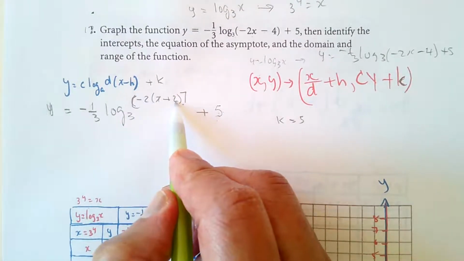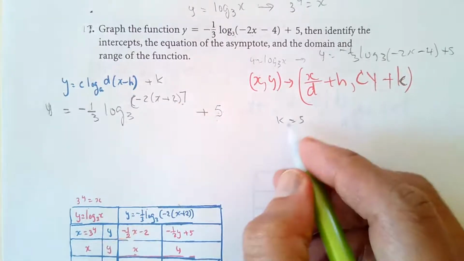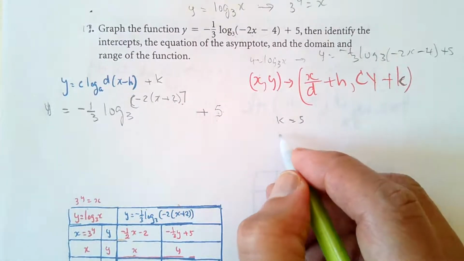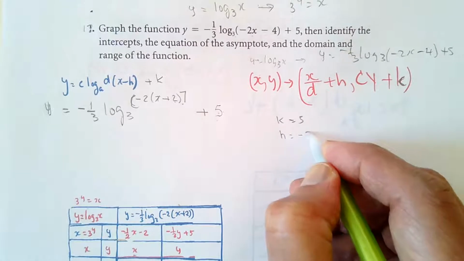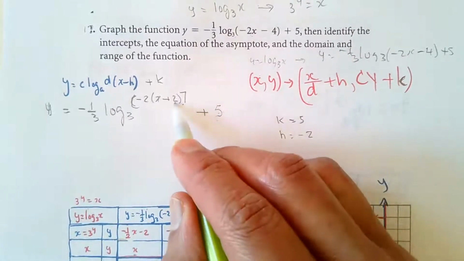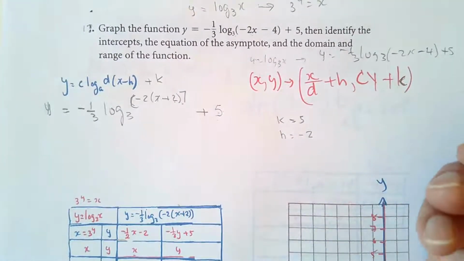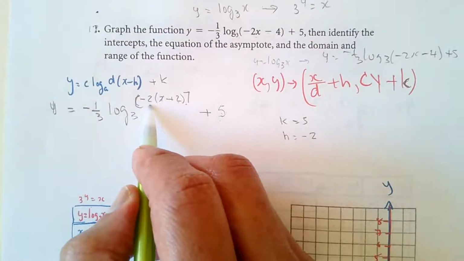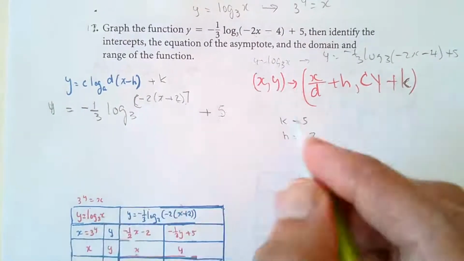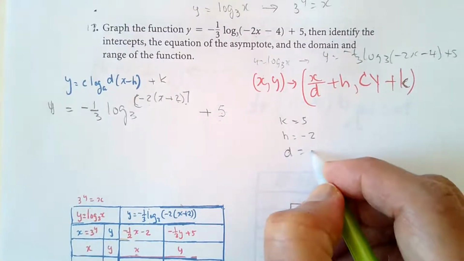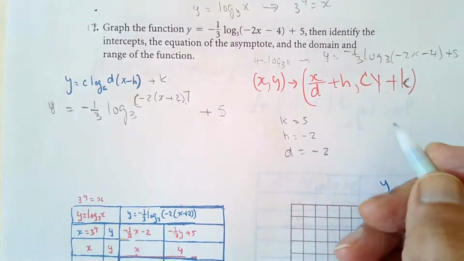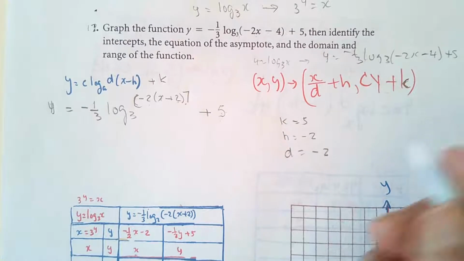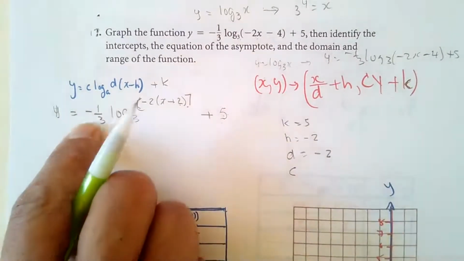Then we have a horizontal translation of -2. So we have h is -2. Be careful, we change the sign there. Then we have c. Okay, let's go this way. First of all, d. Now d would be -2 here. C will be -1/3.